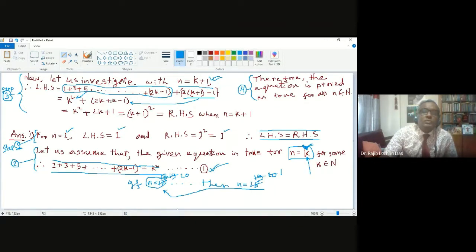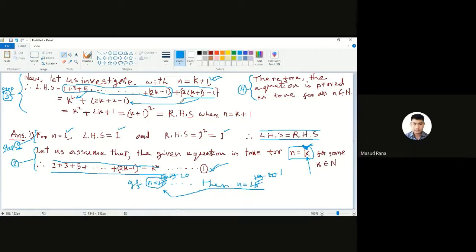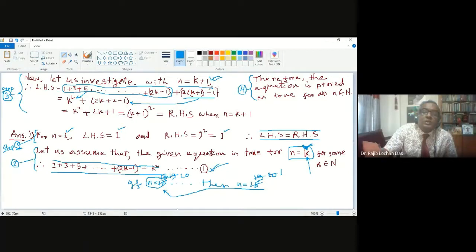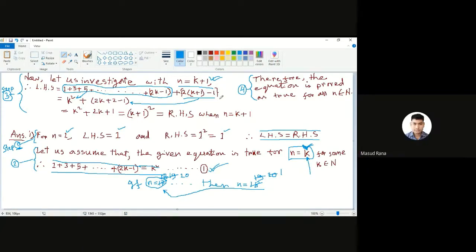So 2k plus 2, then minus 1. Sir, should I put a multiply sign before the 1? Which one? This one? Yes, sir. Minus 1? No, minus 1 is minus 1. We shouldn't multiply with the bracket.